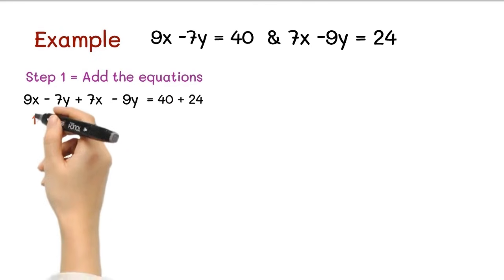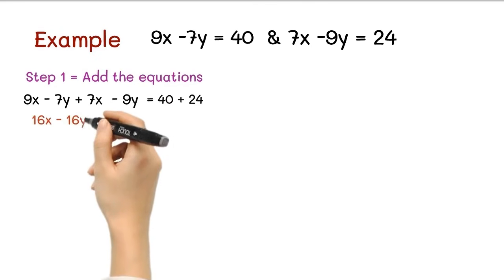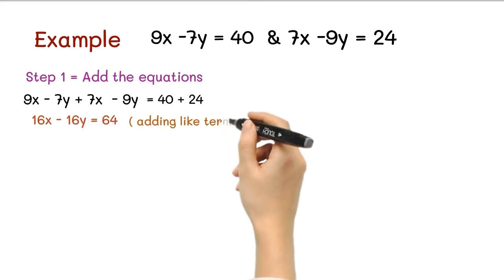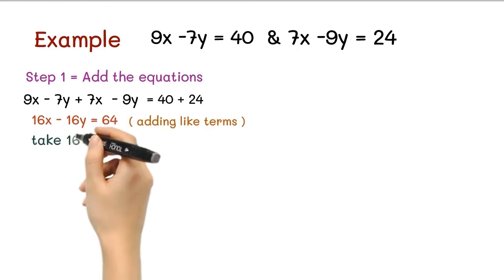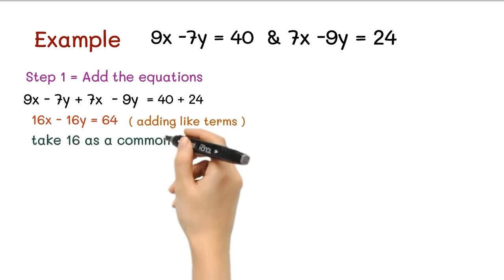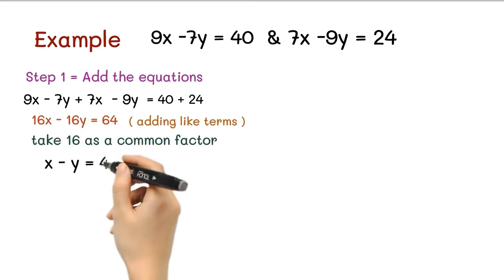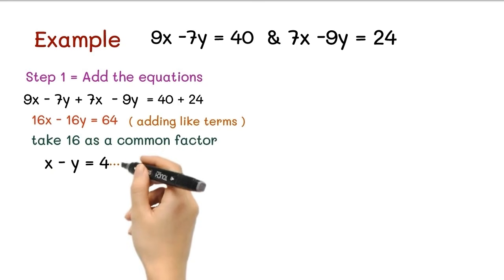That is 16x minus 16y equals 64 by adding like terms together. If we take 16 as a common factor from both sides, then we get x minus y equals 4. And this is our first equation.